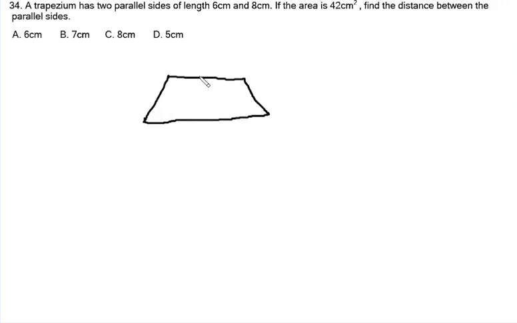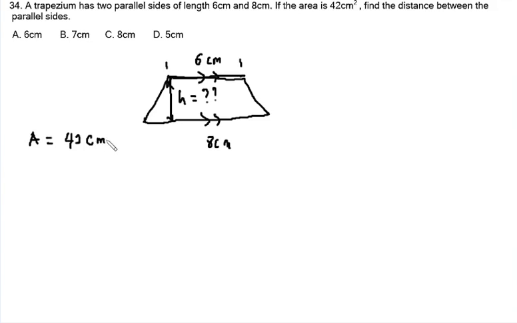It's a bit rough, but you have this side parallel to this side, and apparently this is the shorter side. So let's say this is 6 cm and this is 8 cm. We are asked to find the distance between the two parallel sides, which is simply the height of the trapezium. And the area of the trapezium is given as 42 cm squared.